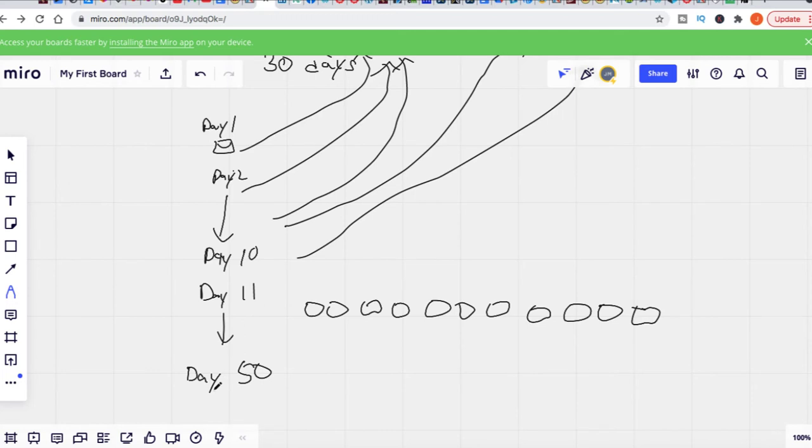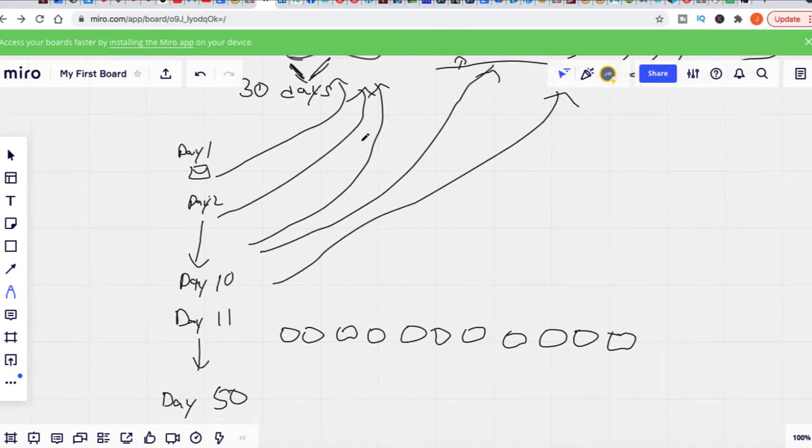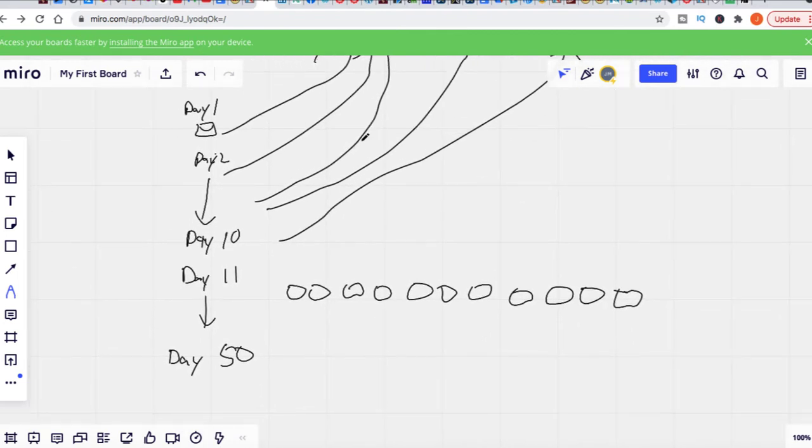Now, the key is what I like to do is send people, after you finish, say, your first 10-day series and you're sending them to this great funnel, I like to kind of start the process over. So say on day 11, I'm actually sending them to another funnel.